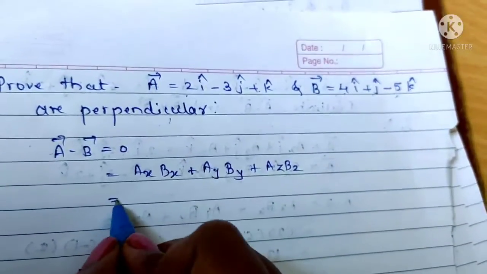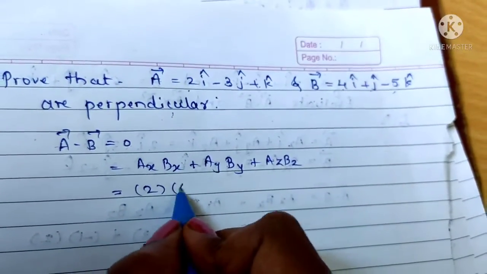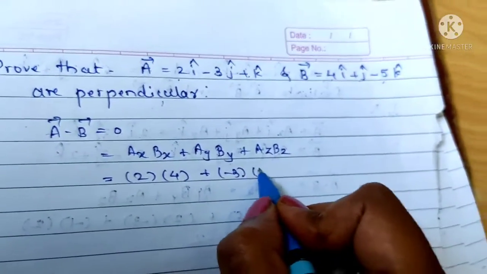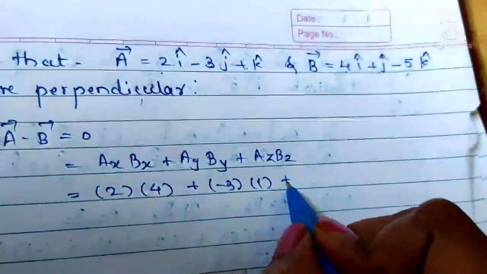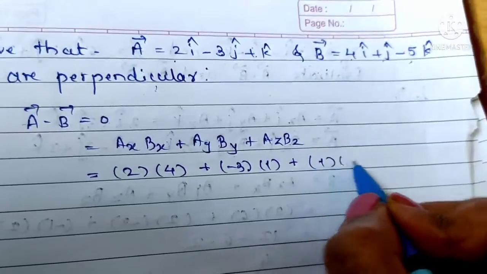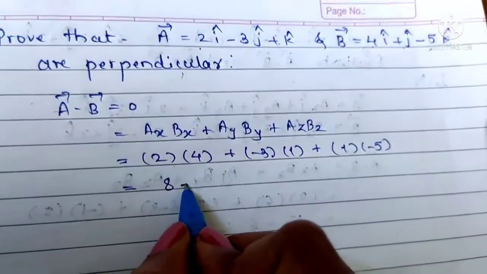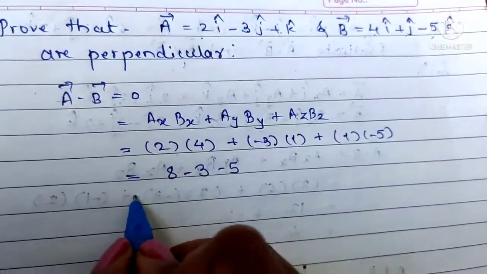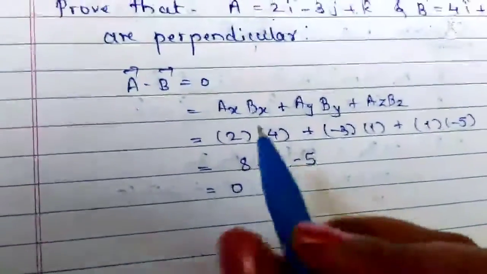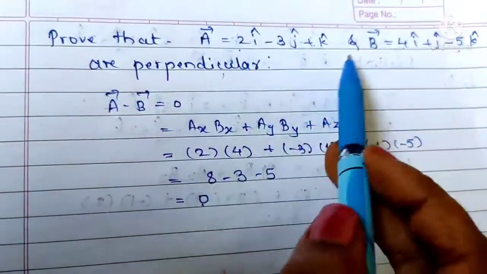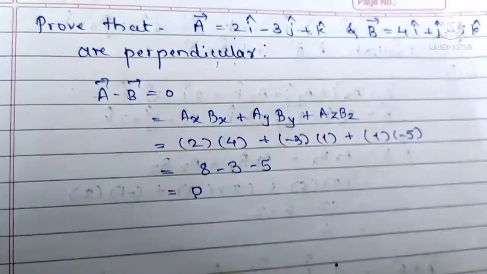So substitute these values: 2 into 4 plus minus 3 into 1 plus 1 into minus 5. So the answer is 0. As a bar dot b bar is 0, we may say that a bar and b bar are perpendicular to each other.